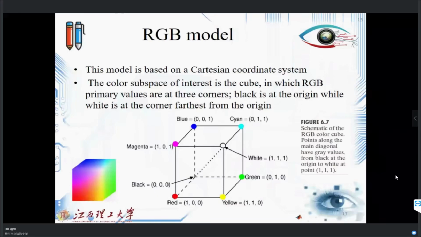Then with respect to the other corners, we can have different colors, like cyan, yellow, and even white. We know it is exactly the opposite direction of the black, where R, G, and B are all equal to 1. It exactly matches the RGB model and what we have learned till now.